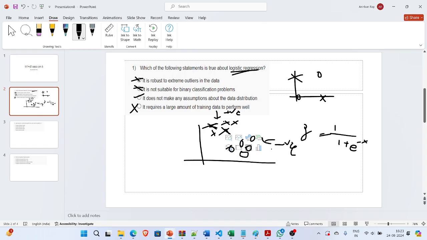So as you can see, what are these two axes, x1 and x2? Suppose x1 can be the size of the tumor, and this can be age.